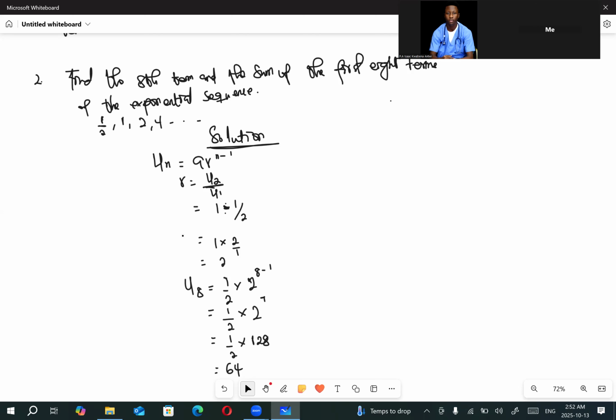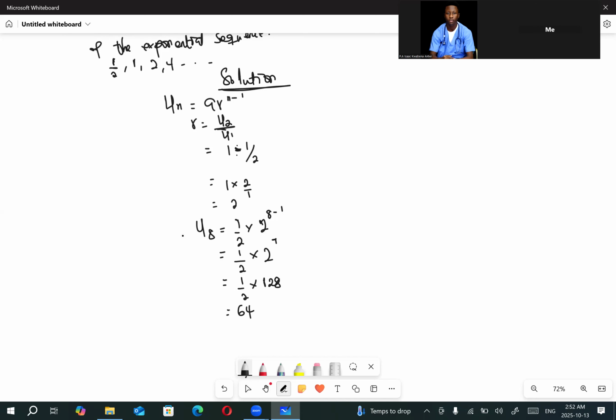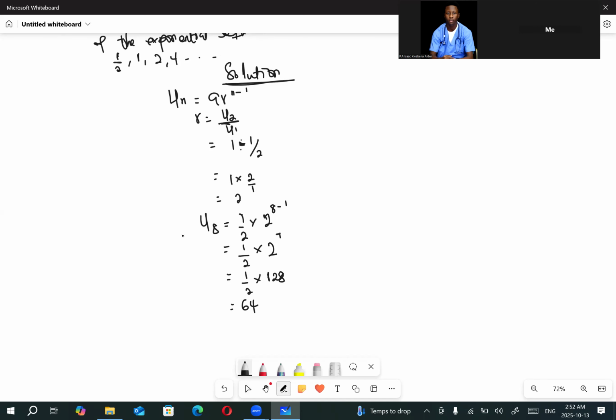The sum. So we are now finding the sum of the first eight terms. Now, to find the sum, the formula is dependent on the nature of the common ratio.